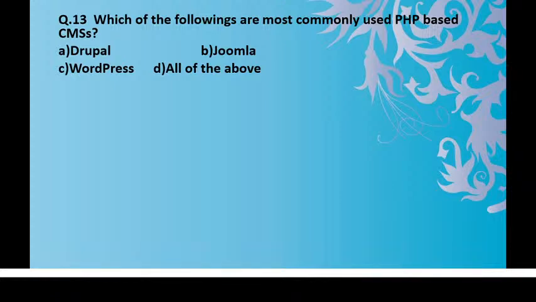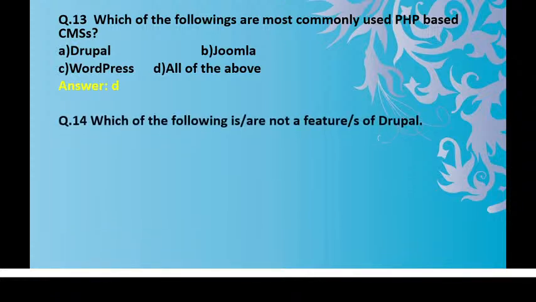Most commonly used PHP-based CMS. Type your answer in the chat. We learned all about Drupal, Joomla and WordPress through 3 different seminars. Everyone knows about this. The correct answer is D, all of the above.